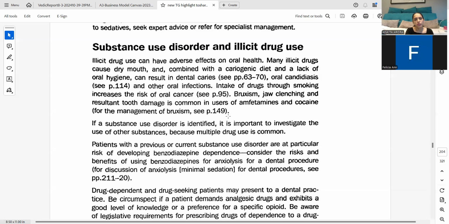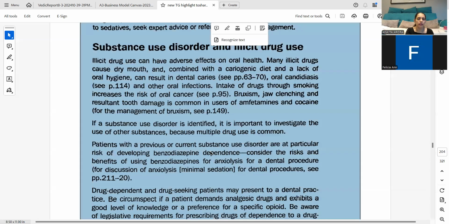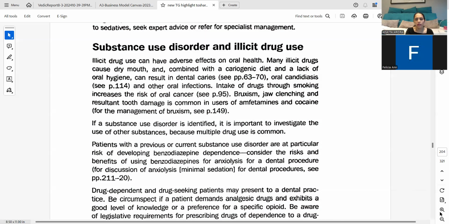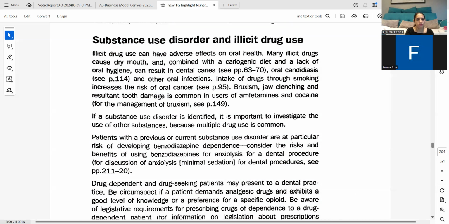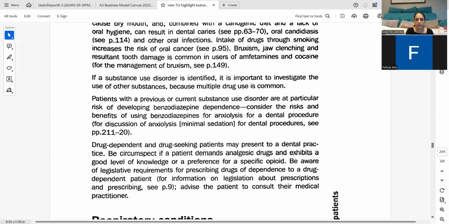If a substance use disorder is identified, it is important to investigate the use of other substances because multiple drug use is common. Patients with a previous or current substance use disorder are at particular risk of developing benzodiazepine dependence, so they can develop diazepam dependence.